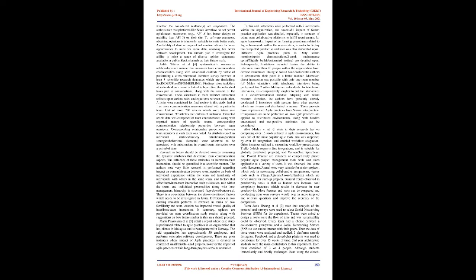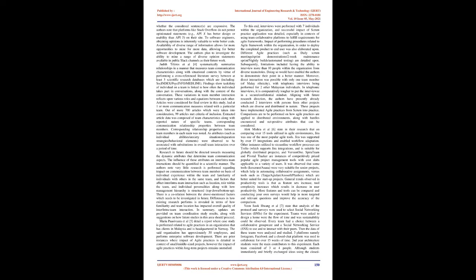Articles considered for final review in this study had one or more communication measures related with a particular team. Out of more than 700 articles which were taken into consideration, 99 articles met criteria of inclusion.